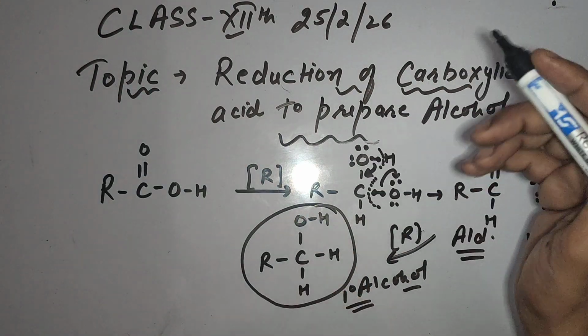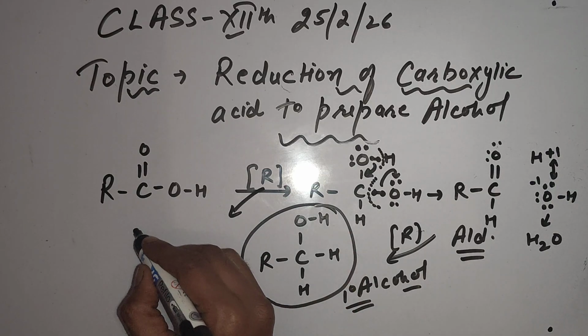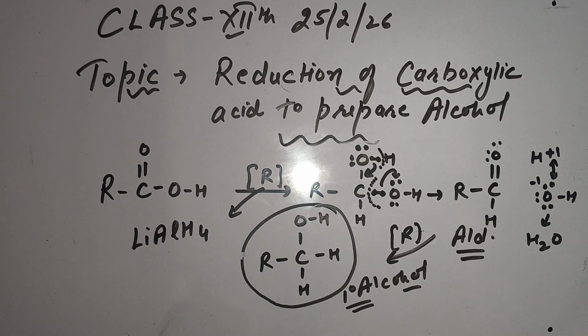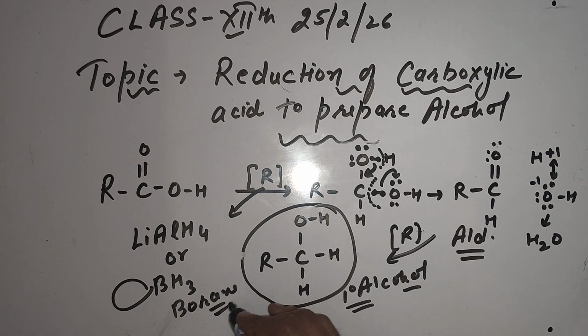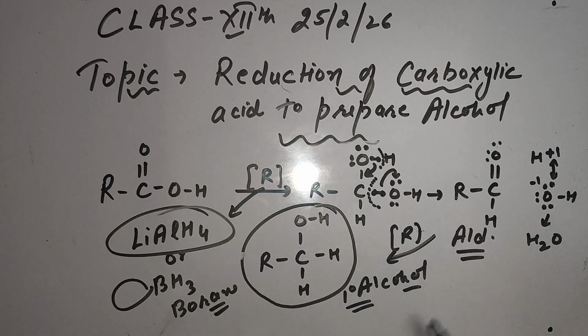Now for that obviously we need a reducing agent. Which reducing agent am I using here? Lithium aluminium hydride, or we can also use BH3, borane. So first I will show you reduction through lithium aluminium hydride here. Let's check the mechanism.